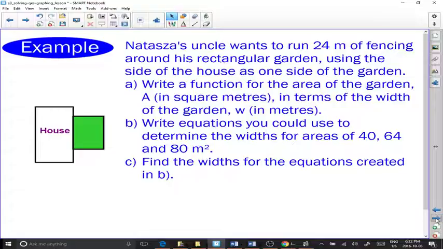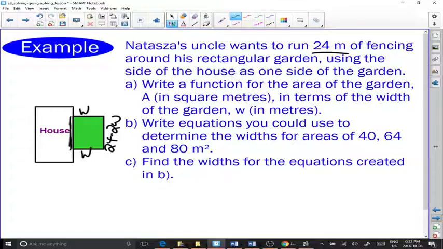So all we really need to do is understand that we don't need fencing right here because it's against the house. We can call this the width, which also makes that the width. And if we have 24 meters of fencing, then the length is just going to be 24 take away 2W.